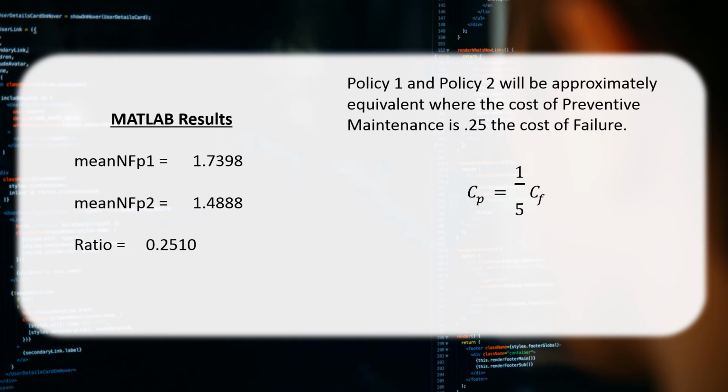So if the preventative cost is less than 25% of the cost of failure, then we're going to go with policy 2, but if it's greater than that, we're going to stick to policy 1.